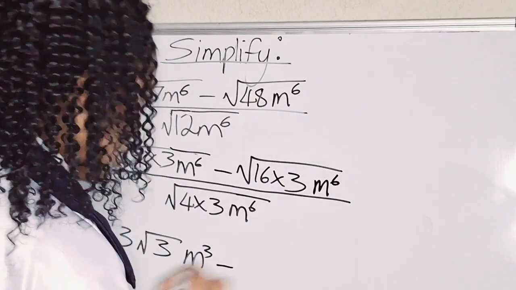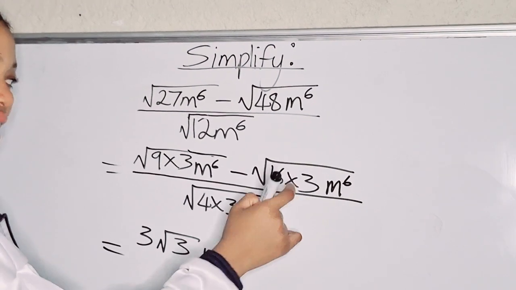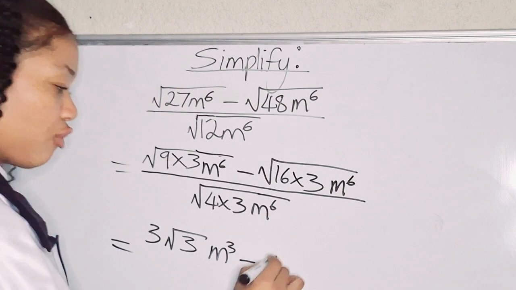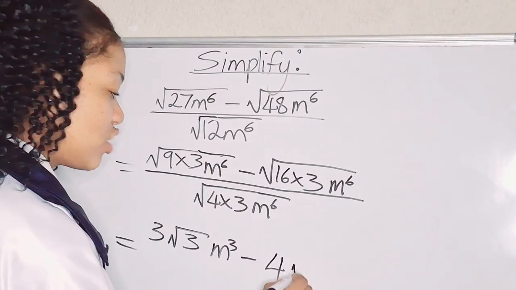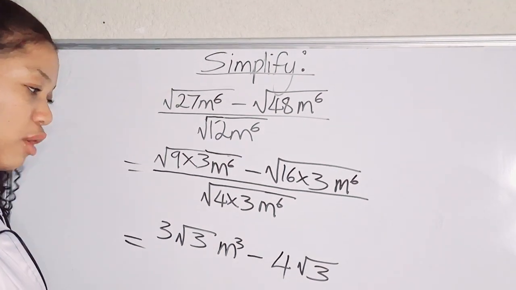Then minus. For the 16, it has a square root, and the square root of 16 is 4. So we write 4. The square root of 3 doesn't have a square root, then m to the power of 6 becomes m to the power of 3.